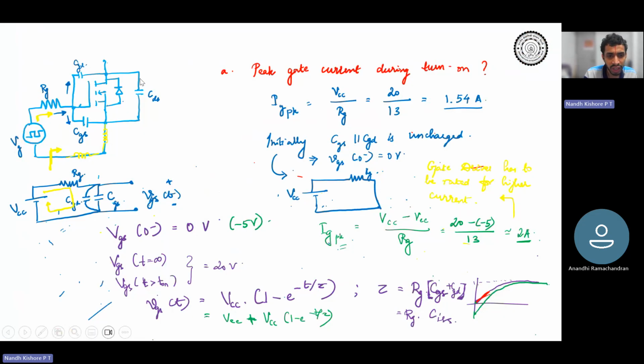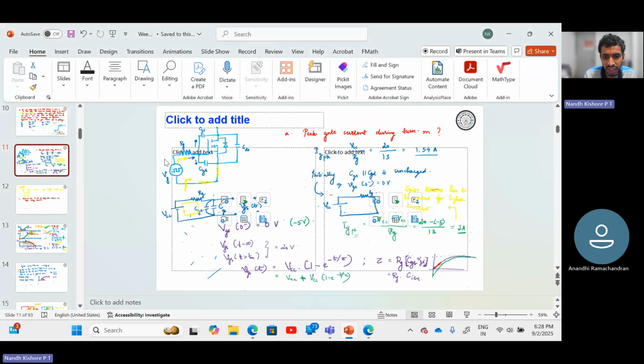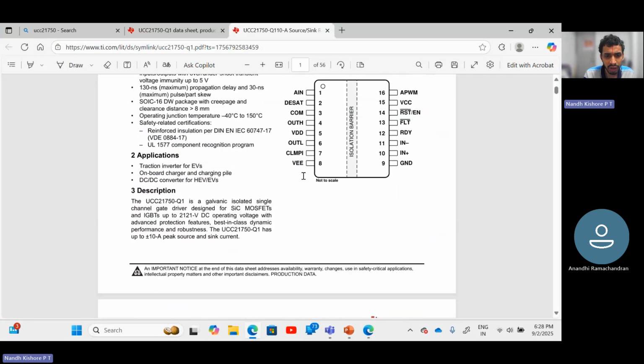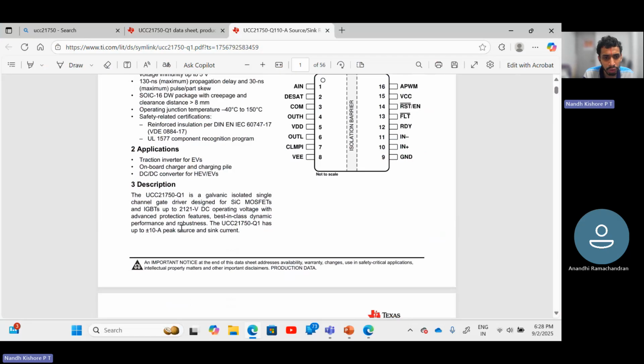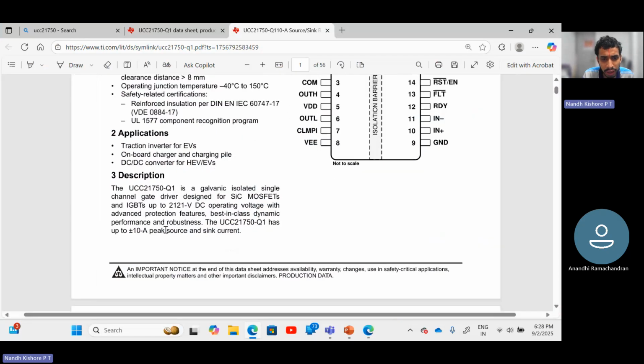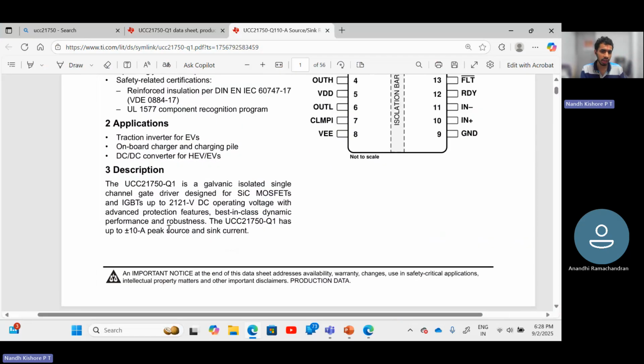In the gate driver data sheet, you will see there are two ratings: one for source current and one for sink current. It has up to plus or minus 10 ampere peak source and sink current. So make sure that it can source this much current. Sometimes the source and sink current can be different in some other data sheet.